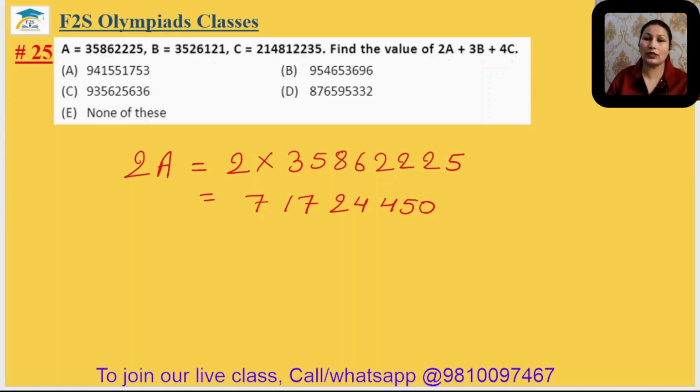Okay. Now 3B. 3B means 3 multiply by B. So just write 3B equal to 3 multiply by 3526121.